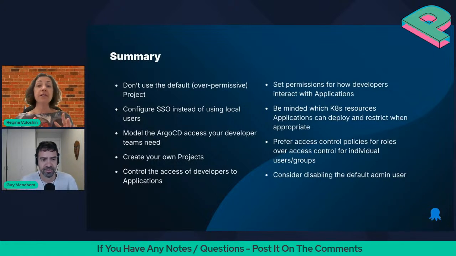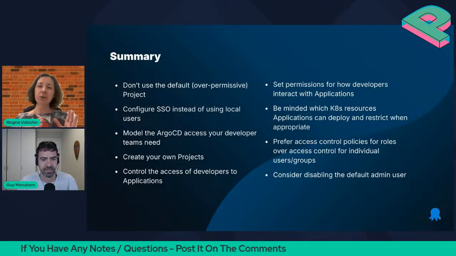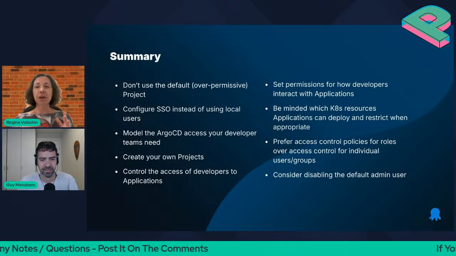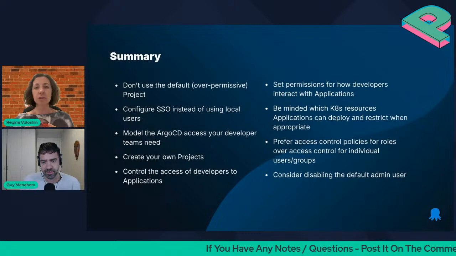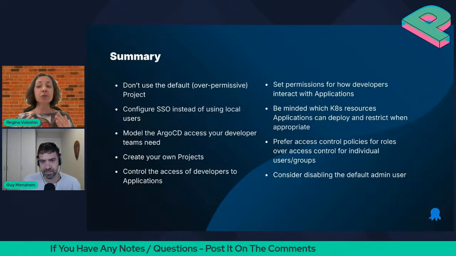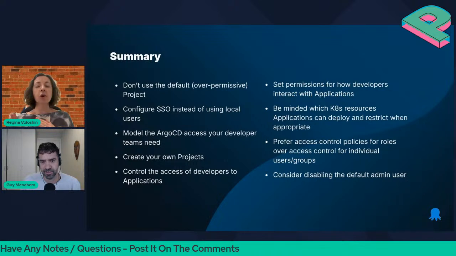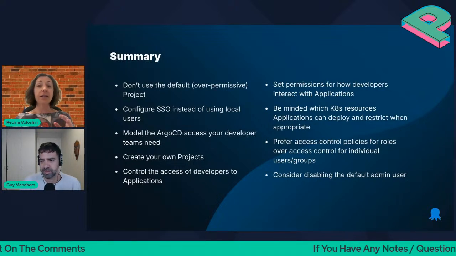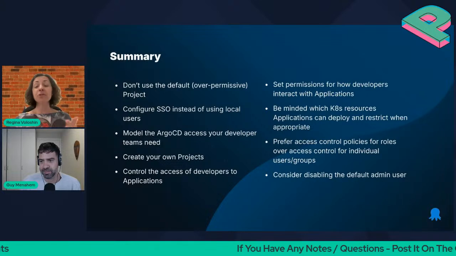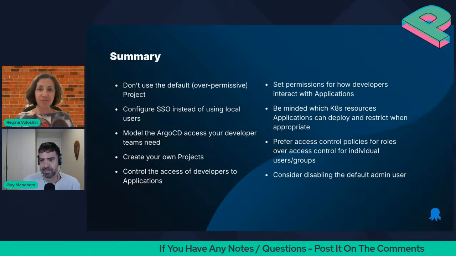And it would be great to set permissions for how the developers interact with applications. Please be mindful of which Kubernetes resources applications can deploy, and restrict those when appropriate. You should prefer access control policies for roles over access control for users or groups. And last but not least, please consider disabling the default admin user.